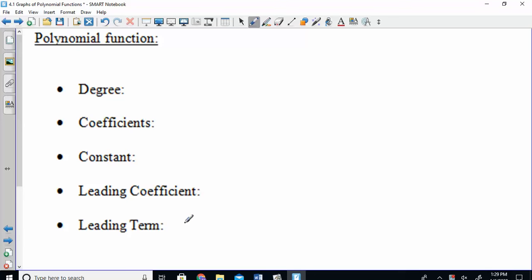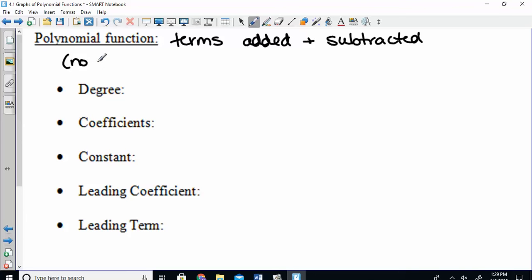So in general, a polynomial is really just when you have terms added and subtracted. In a polynomial, there are no negative or fraction exponents.